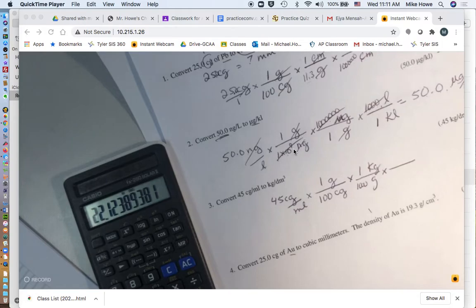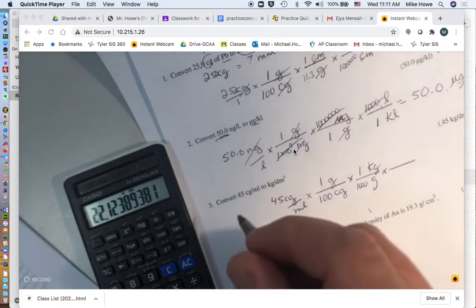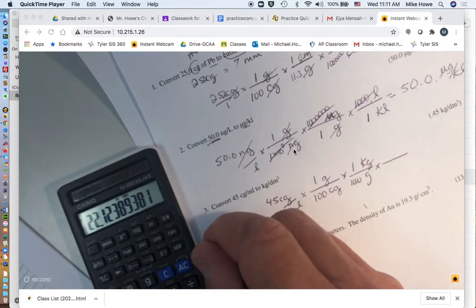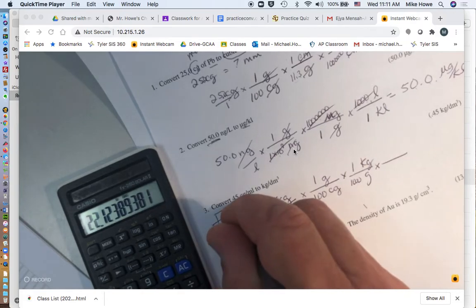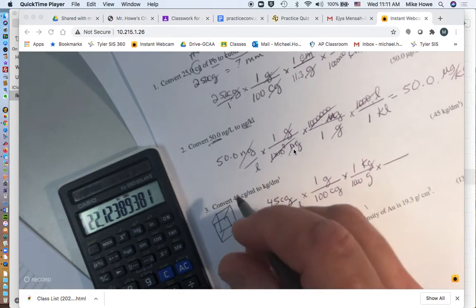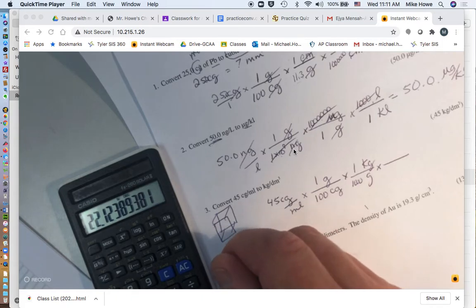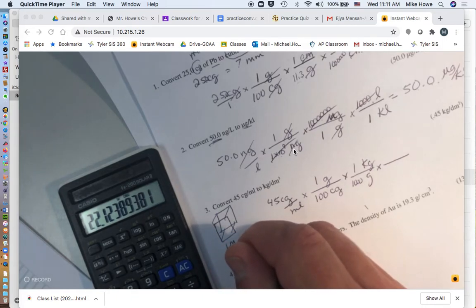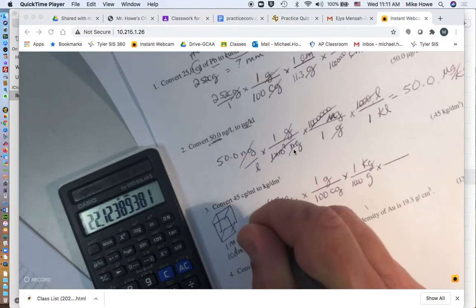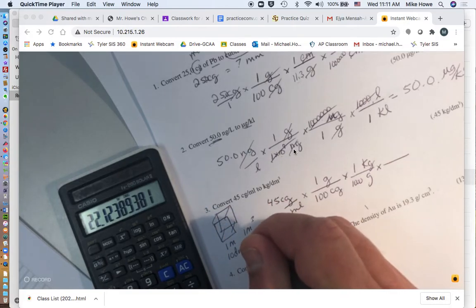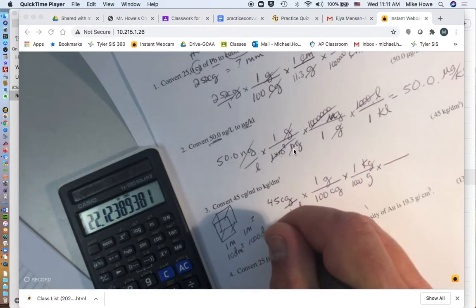I'm hoping that you remember that in class we talked about that little cube that was 1 meter on the side, 10 decimeters. So 1 meter cubed, which is this, is equal to 1,000 cubic decimeters.